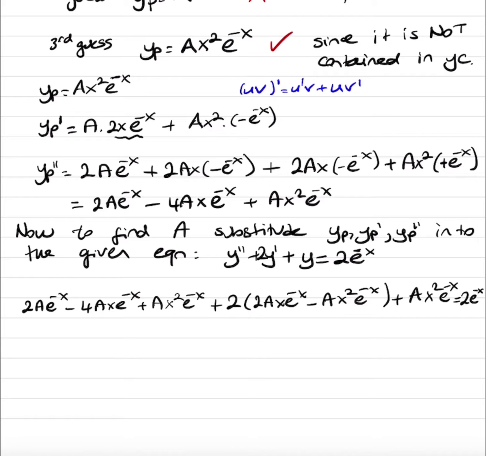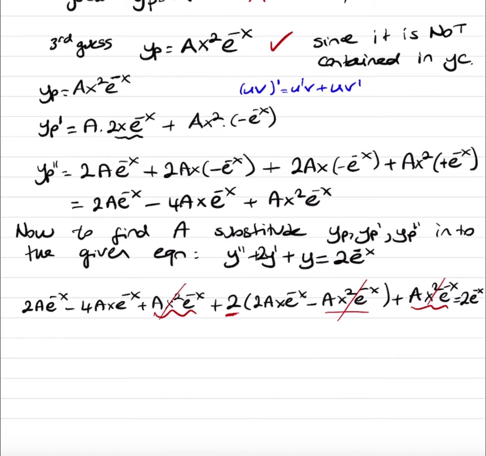Okay, let's do cancellations. I have ax squared and minus 2ax squared, so these will cancel. Then I have 2a e to the power minus x, and minus 4ax, plus 2 times 2ax.